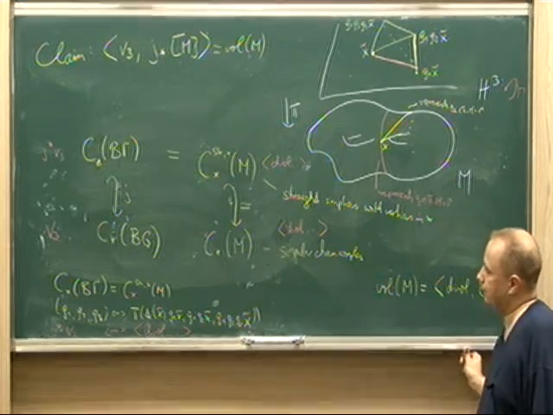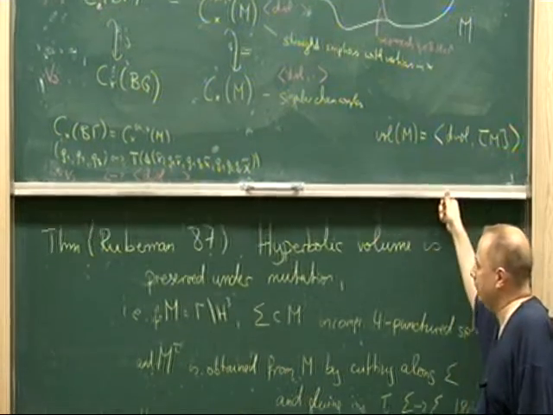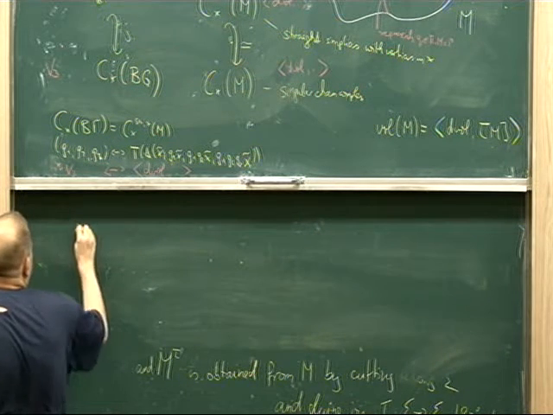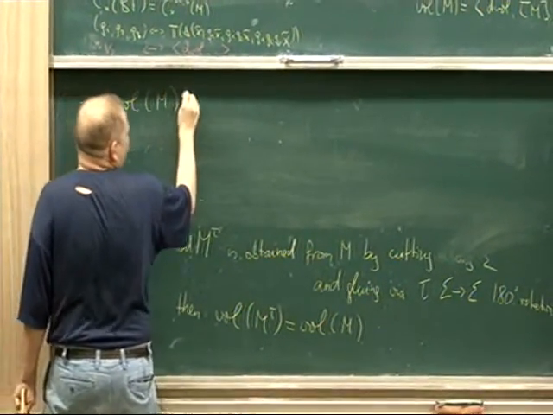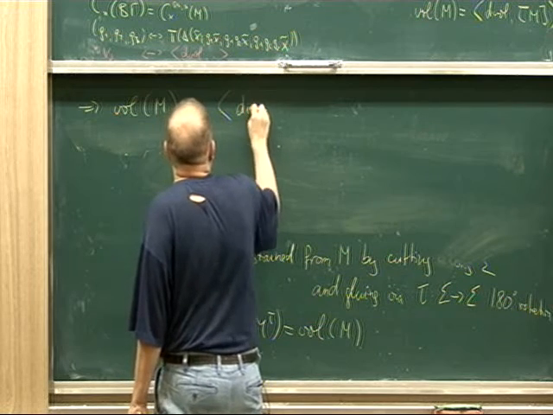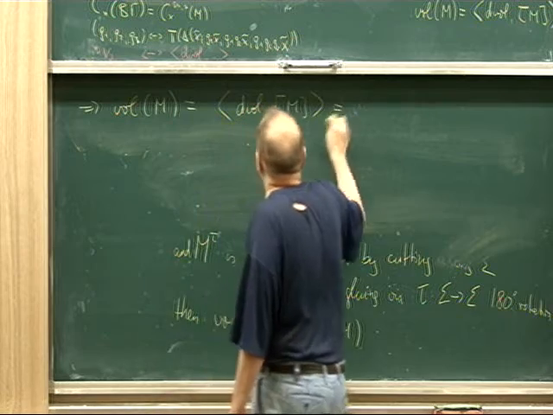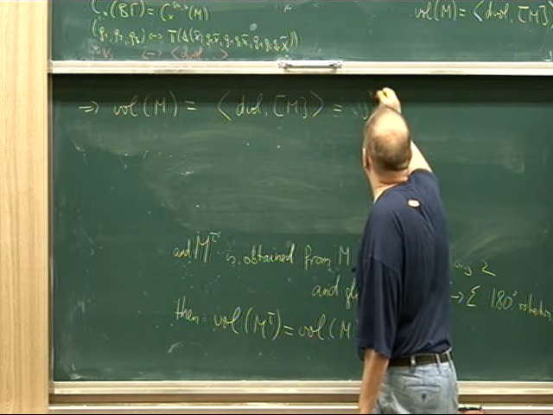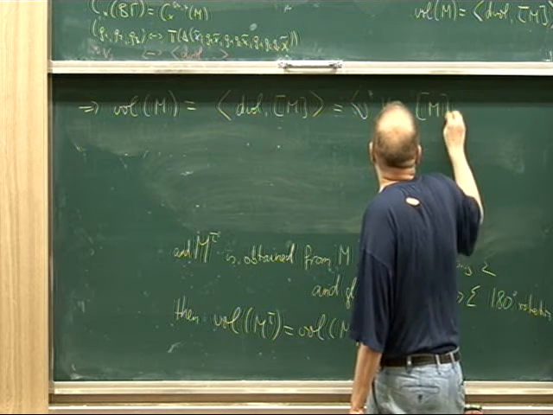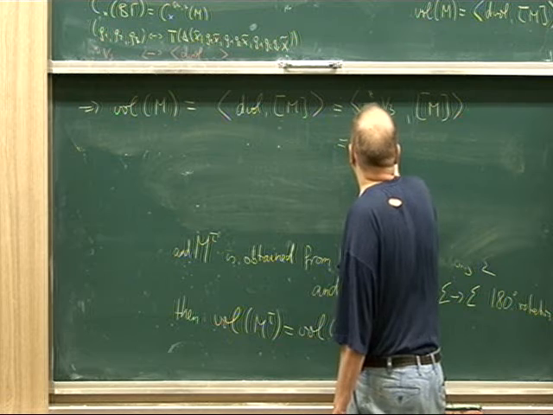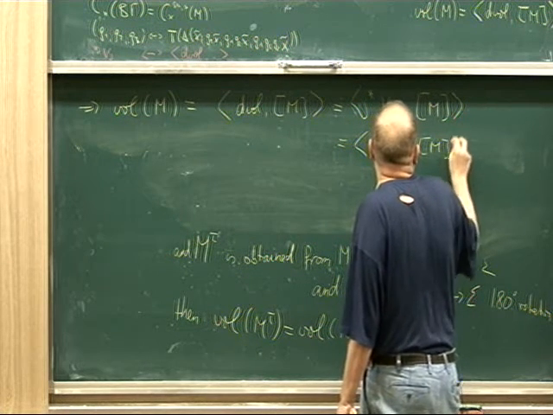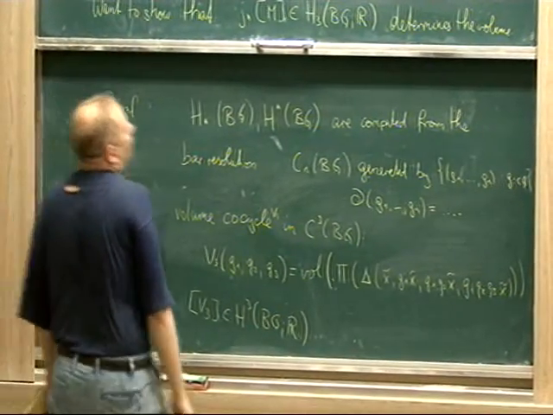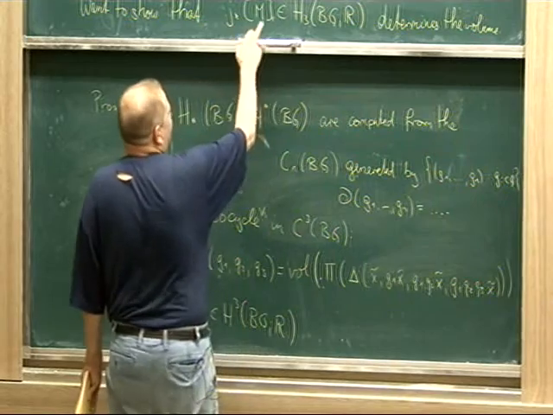And in the end what you get is that this isomorphism corresponds to J star V3, and so this is the same as V3 applied to J star M. So this is exactly the claim that we wanted to prove, which then shows that J star M determines the volume.